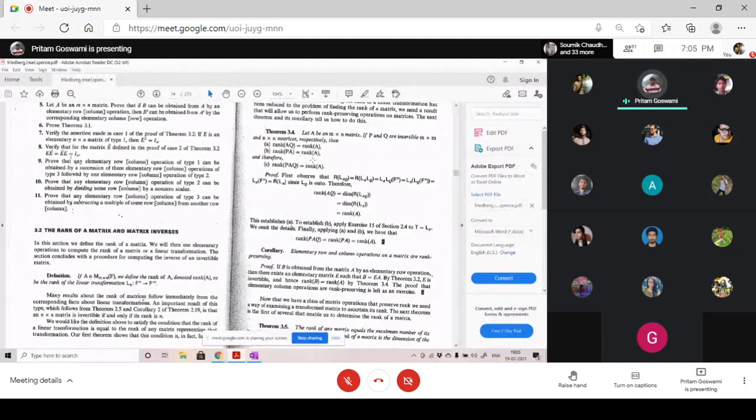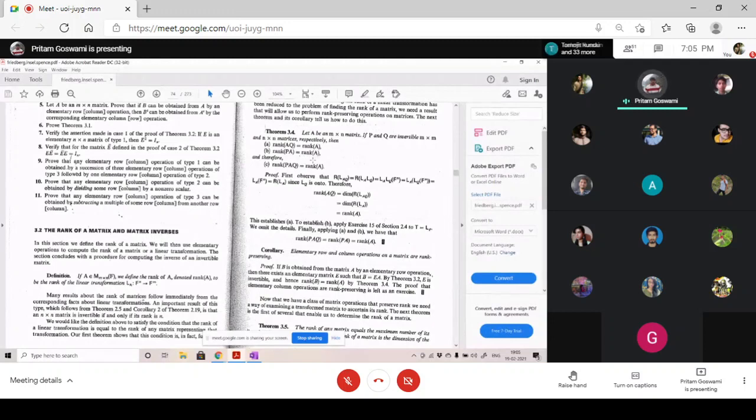So if you want to multiply Q with A, you have to multiply it from the right side. So rank of AQ will be equal to rank of A, and rank of PA will be equal to rank of A, given P and Q are invertible. If P and Q are not invertible, you cannot say it.